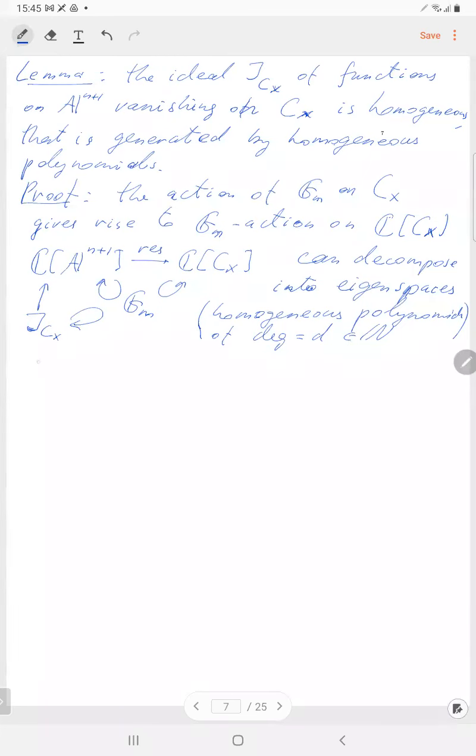So just decompose the generators of this ideal J_CX into Gm eigenvectors. Okay, so there we are.